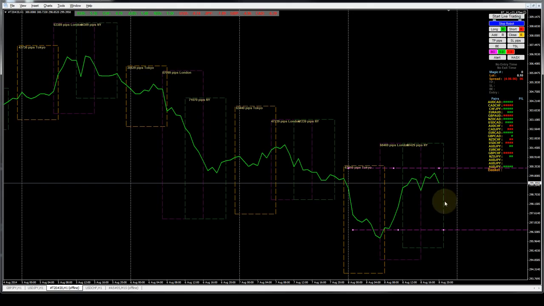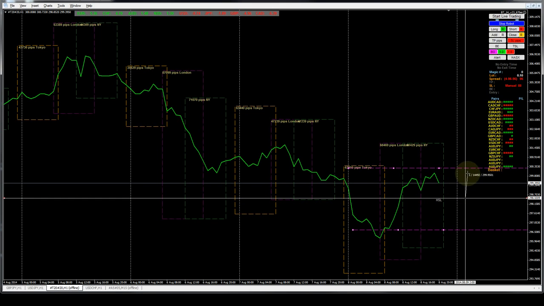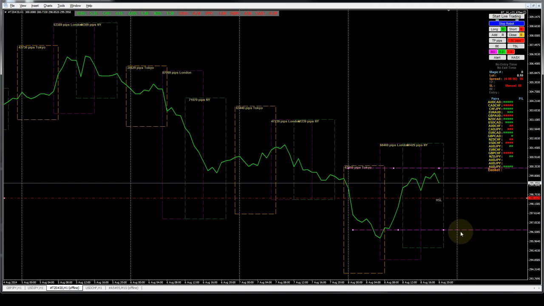Now if you want to split the difference, you can put a stop loss line on here, put it right in the middle and split the difference. That way if you go long, you got a stop loss of 174, and if you go short you got a stop loss of 174.